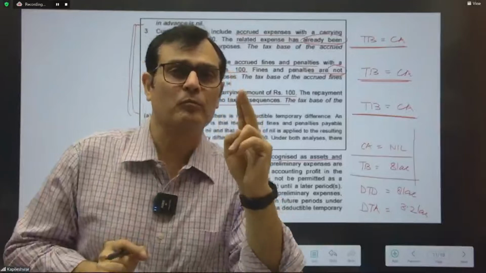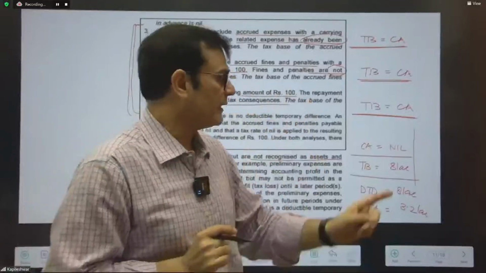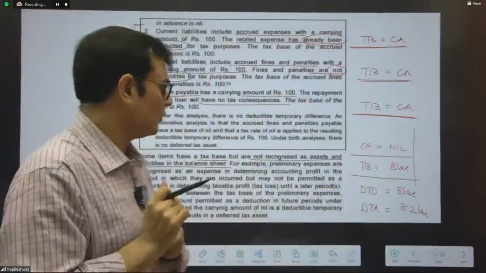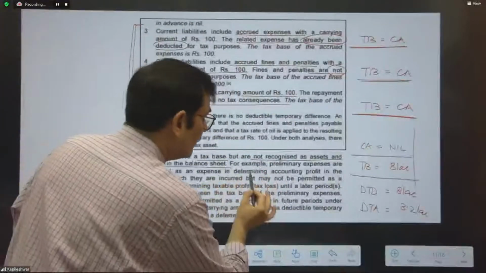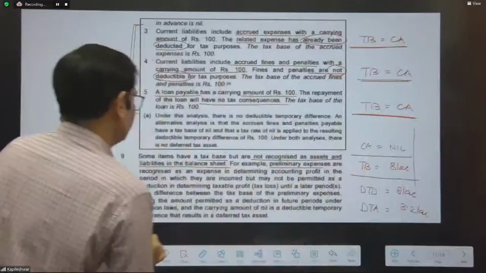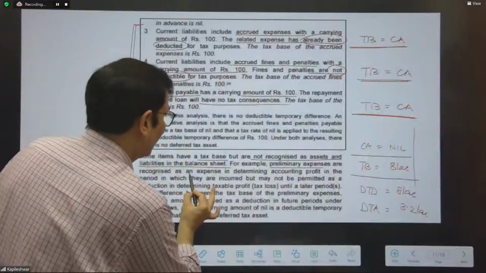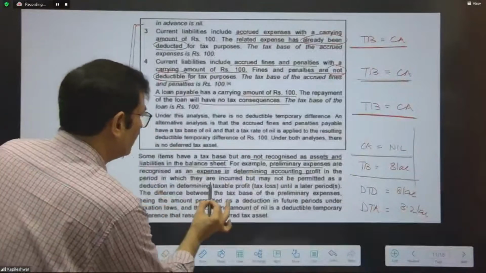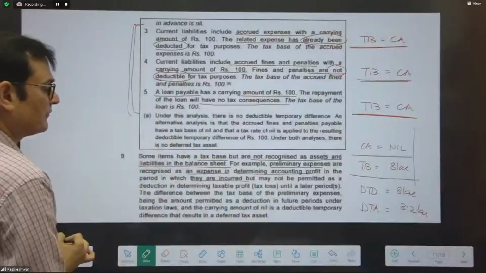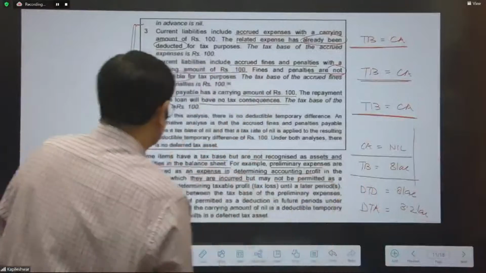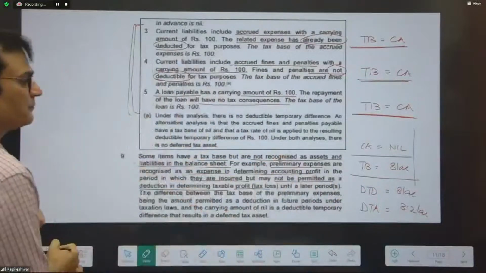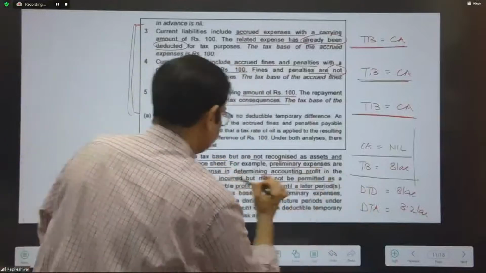When the carrying amount is more, it's taxable. When the carrying amount is less, it is deductible. See what it says. For example, preliminary expenses are recognized as an expense in determining accounting profit in the period in which they are incurred, but they may not be permitted as a deduction in determining the taxable profit until a later period.